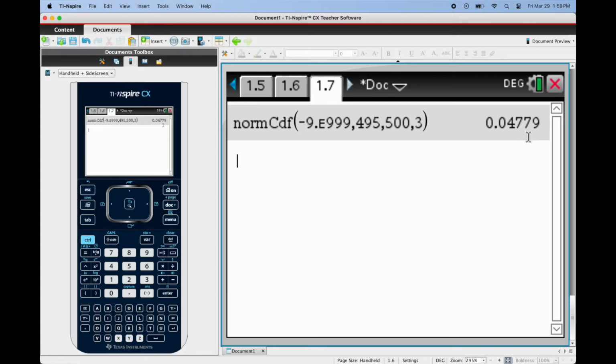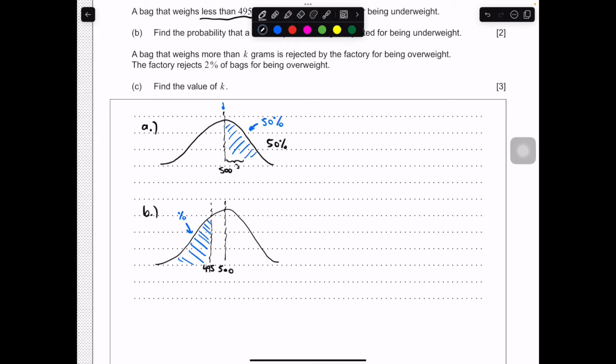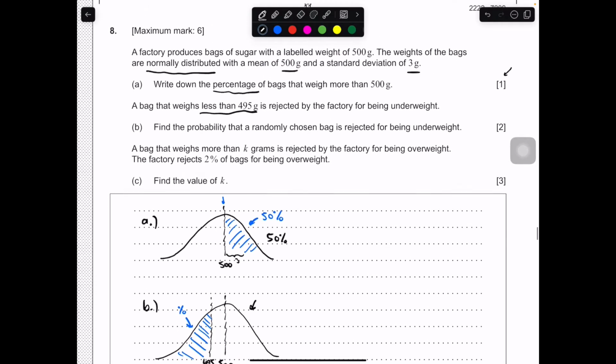So let's write that out. For a 2-mark question, this would be your process. You can write NormCdf, and then we can write -999, 495 as the bounds, and then this would be our mean, and this would be our standard deviation. 0.04779, and that's the probability.